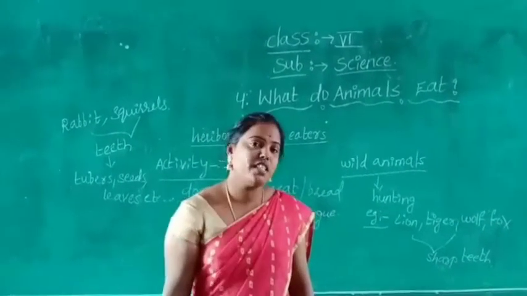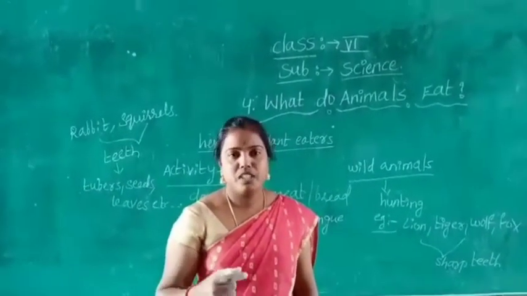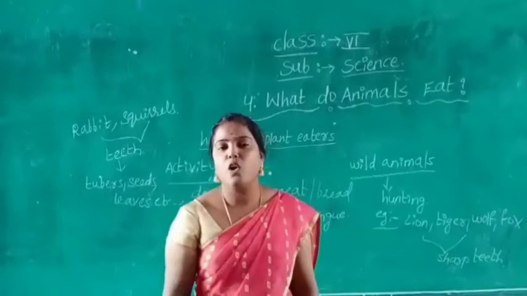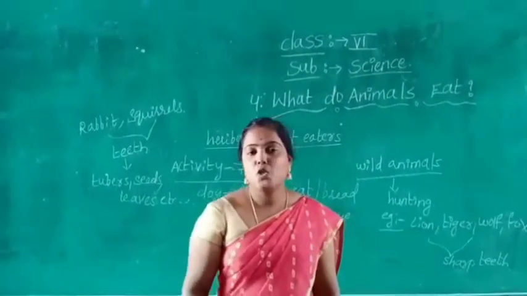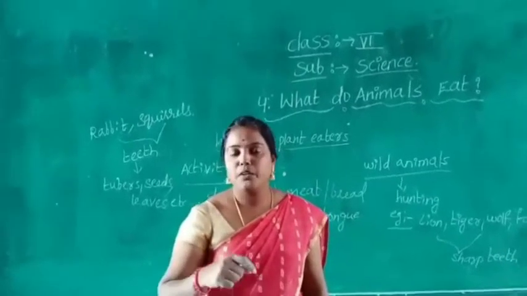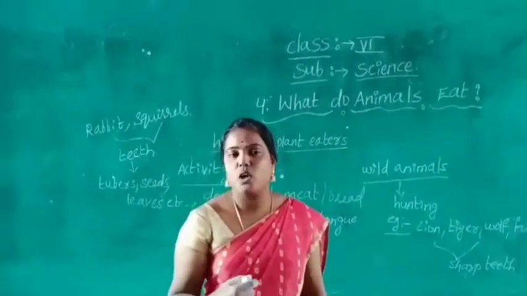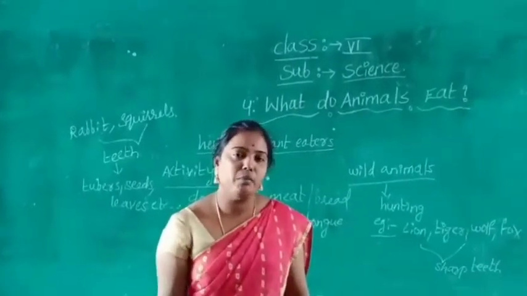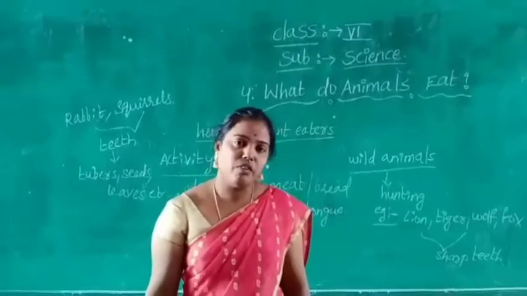So what is the function of the leeches? Leeches settle on the skin of an animal body or human body, and from that body they will suck the blood. Leeches and other types of animals are present around pond or river areas.